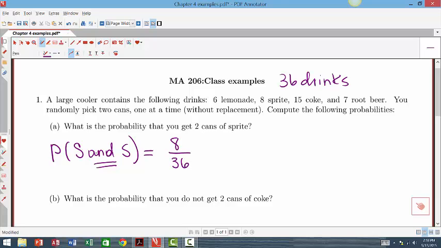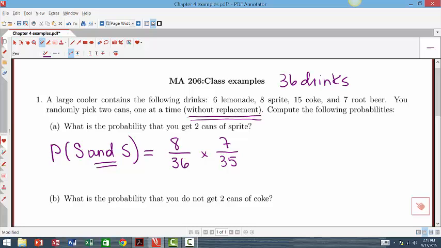Okay? Now, what is the chance that I get Sprite on the second try? Now remember, we're doing this without replacement. So how many drinks are left in the cooler? Well, now there are 35 drinks left because I just picked one out, and out of those, 7 Sprites.